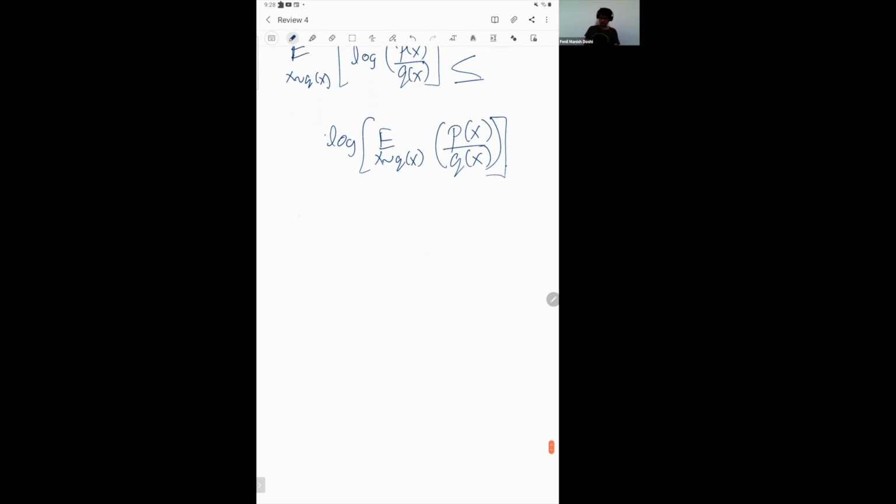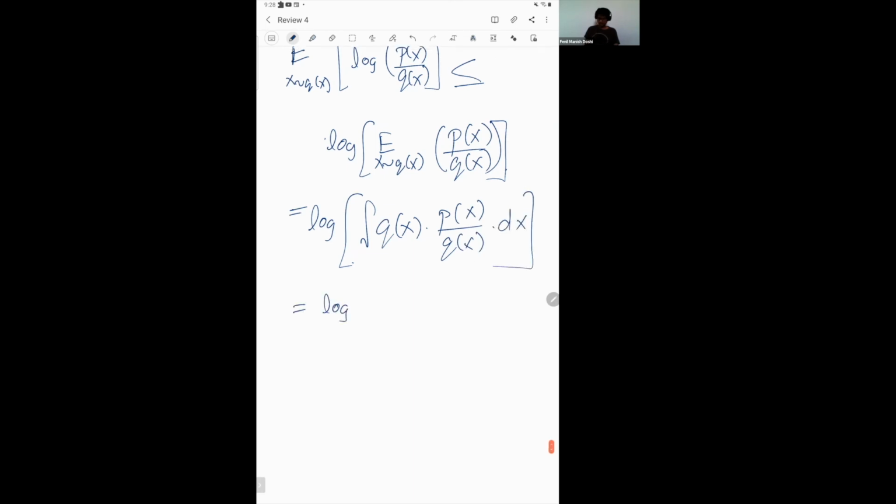So this would simply become log of the integral of q of x times p of x over q of x dx, and this cancels out, leaving the integration of p of x dx, which is 1.